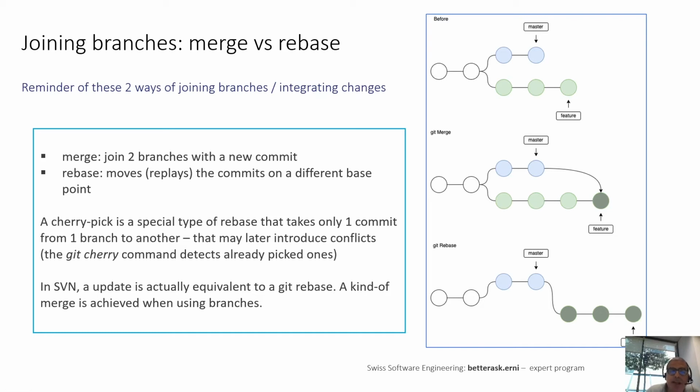It's not explicit, but every time you do an update in Subversion and you take the code of your colleagues, you are doing a rebase because you're applying your changes over the other people's work. And for doing a merge, you have to use the commands especially dedicated for merging, but it's not the same as in Git. Okay, but in Subversion, you are also doing merges and rebases.